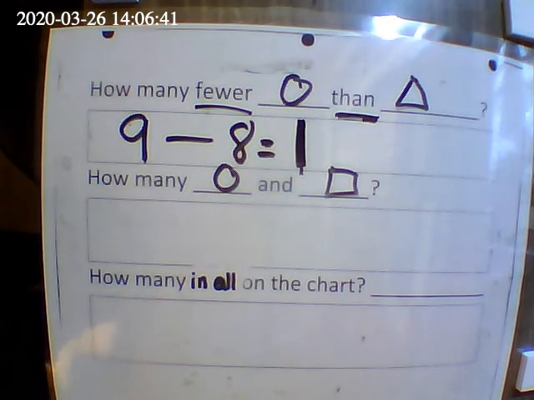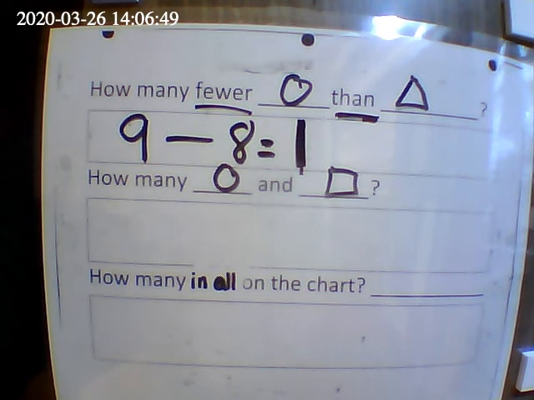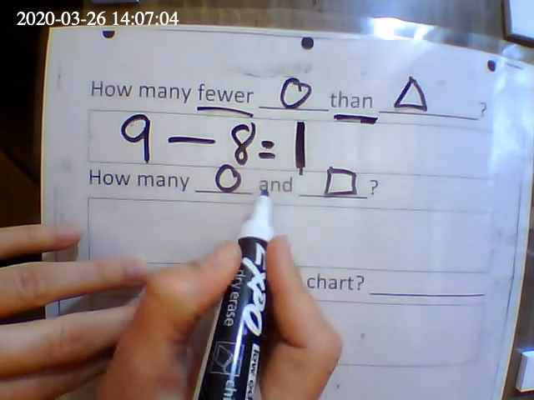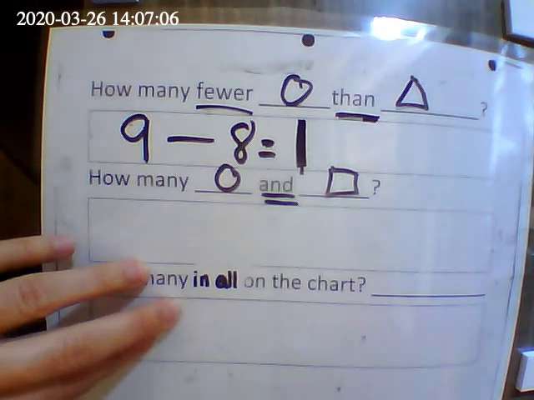It says, how many circles and squares? So what are we doing? Are we adding or subtracting? Are we putting them together or are we taking away to find the difference? And in my head, when I picture, I say I have a group of circles and I'm going to add a group of squares to those. So I'm combining those together. I'm going to put them together and use my plus because I see that and.